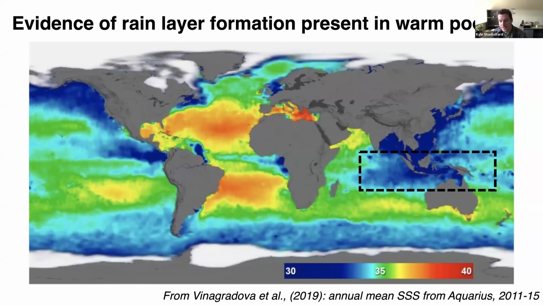Similarly, in this annual mean taken from Aquarius from 2011 to 2015, you can also see this reduced sea surface salinity signature over the tropical warm pool. And this is partially due to the fact that this region receives significant rainfall in addition to river runoff and other factors.